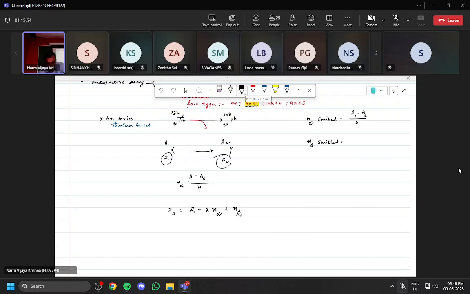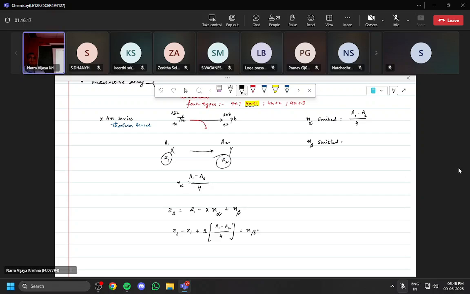Clear? So I am writing this as Z2 minus Z1 plus 2 times, instead of the number of alpha, I am writing (A1 minus A2) by 4, is equal to the number of beta. Acceptable?